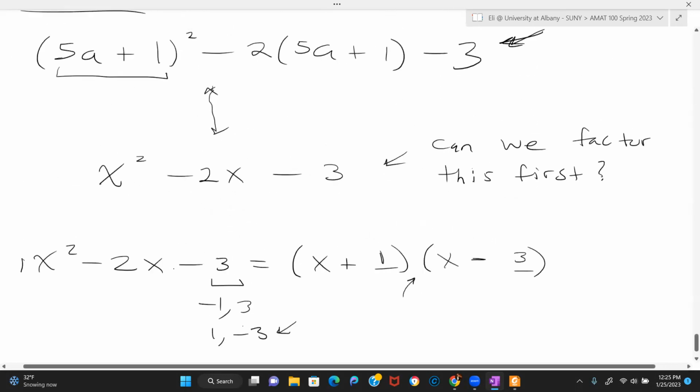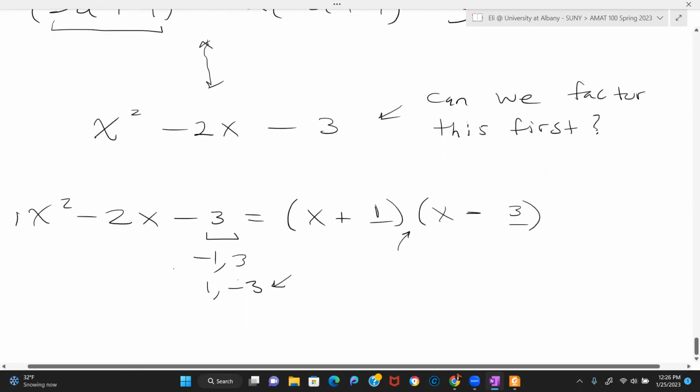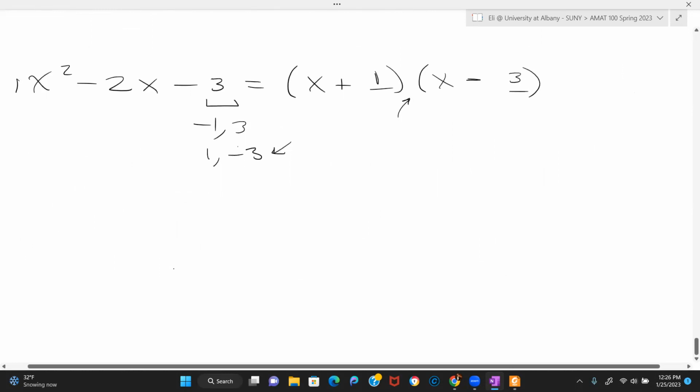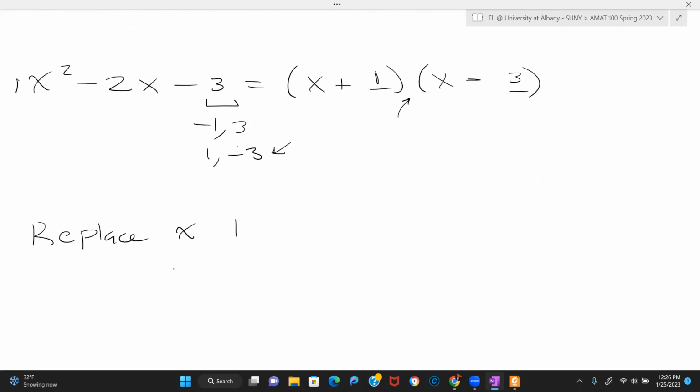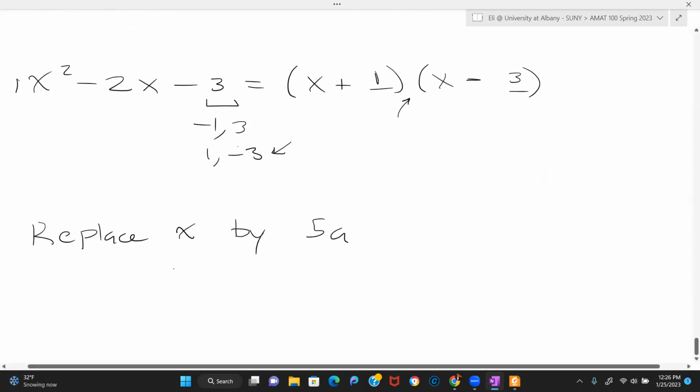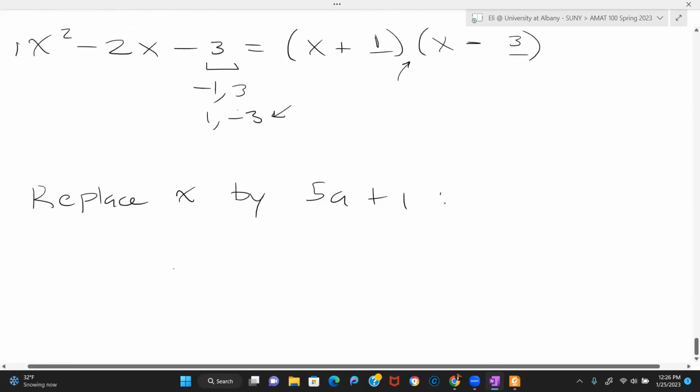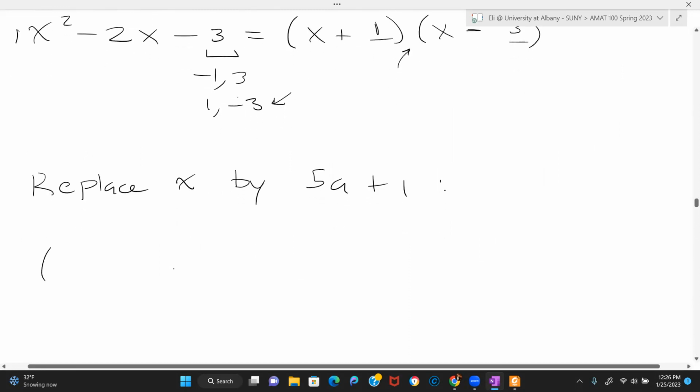All right. So the trick then is just replace x by 5a plus 1. And when you do that, you're able to factor the original algebraic expression.